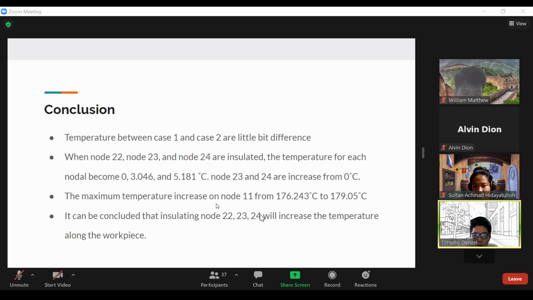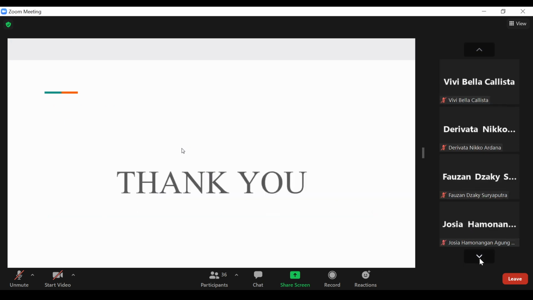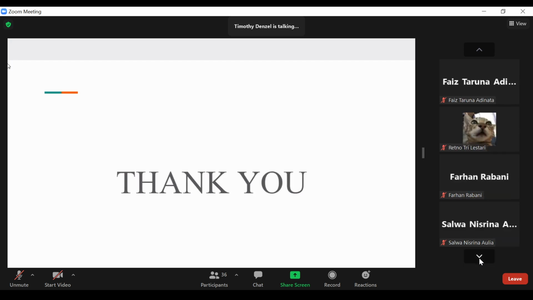The maximum temperature increases on node 11 from 176.243 degrees Celsius to 179.05 degrees Celsius. It can be concluded that insulating node 22, 23, 24 will increase the temperature along the workpiece. Okay, that's all from our team. Thank you.